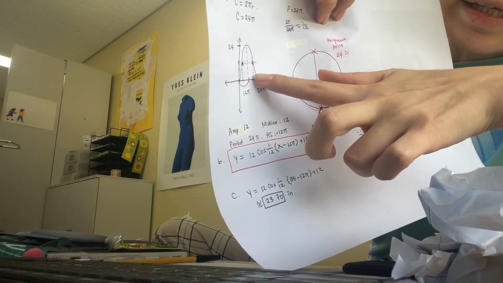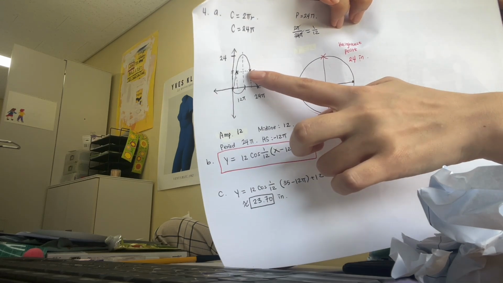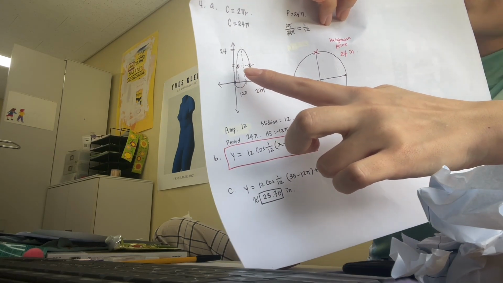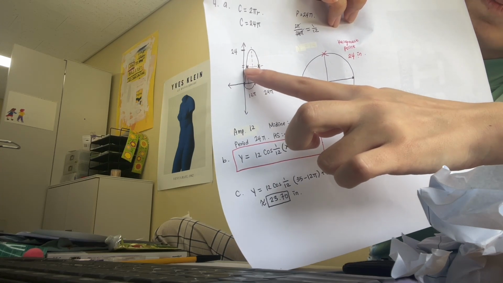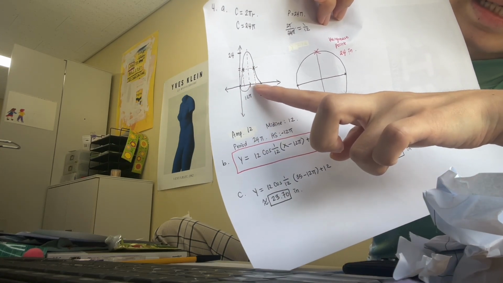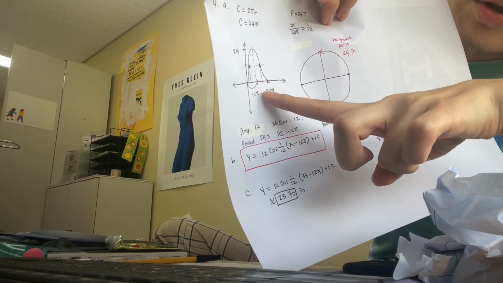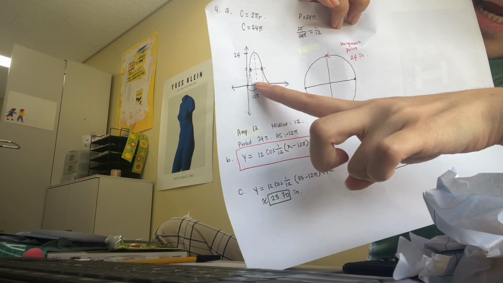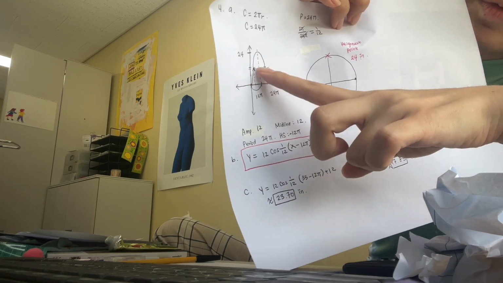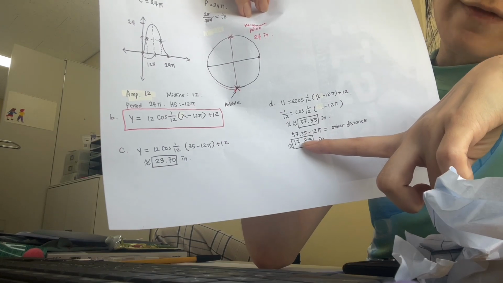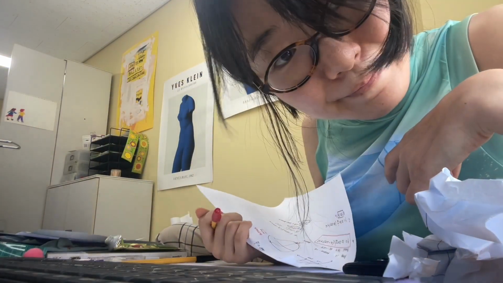I identified 57.55 over here, which means there should be another point symmetrical to this point. So again, I calculated the distance between that point and our midpoint, which would be 12 pi, and then subtracted that same amount from 12 pi. So I get 17.85 inches. Yay.